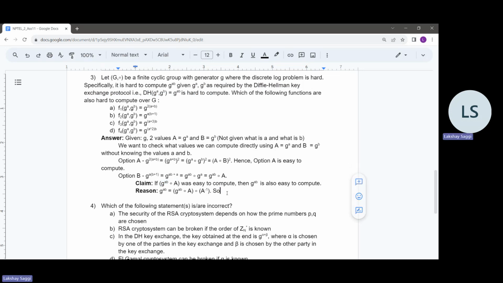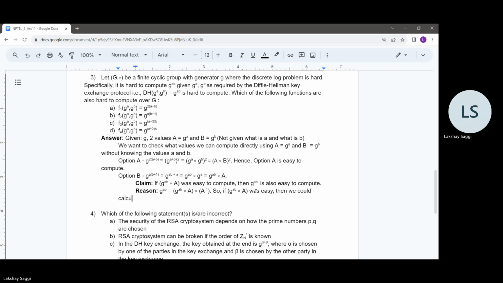So yes. If g raised to the power ab times A was easy, then we could calculate g raised to the power ab easily by computing g raised to the power ab times A and multiplying.